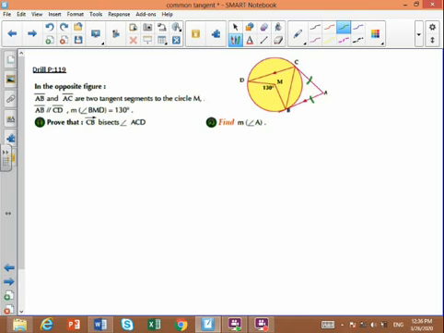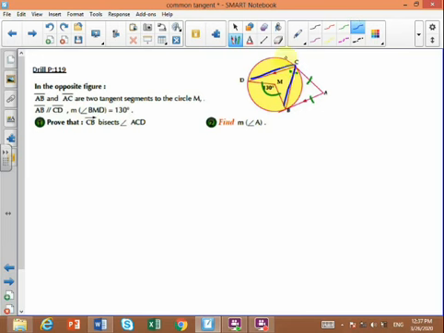AB is parallel to CD. I want to prove that CB bisects angle ACD. I want to prove that these are equal. Okay, first I have DMB equal to 130, right? So can you get angle DAB?